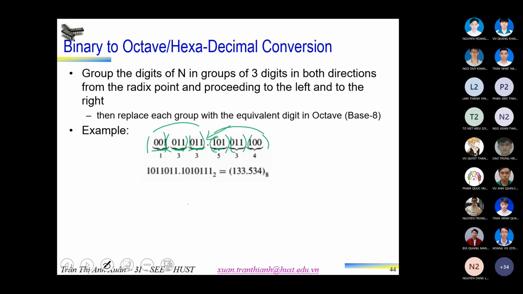It is 5. This group is equal to 3 in octal, and this binary group is equal to 4 in the octal number. So this is the final result for the binary to octal conversion for this example.